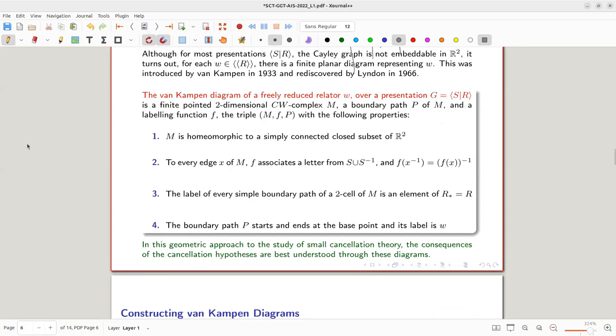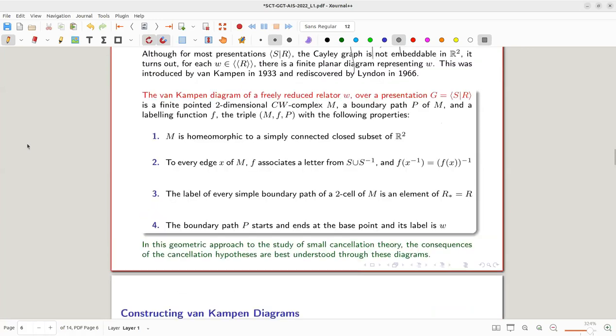And Lyndon, Schupp and Greendlinger are the pioneers of classical small cancellation theory, which sort of revived after many years after Dehn and Van Kampen's early works.